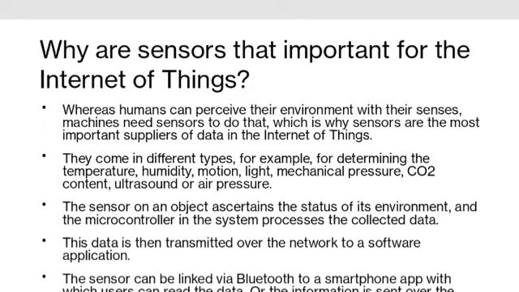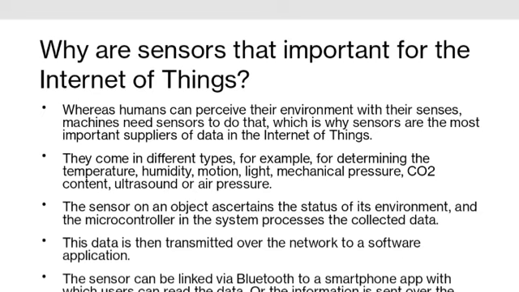Actually, sensors are devices that acquire data from physical objects like humans, cars, etc. It is really important to acquire data of different types like temperature, humidity, motion, light, etc. You can call the sensor an object that ascertains the status of the environment, and the microcontroller in the system processes the collected data.